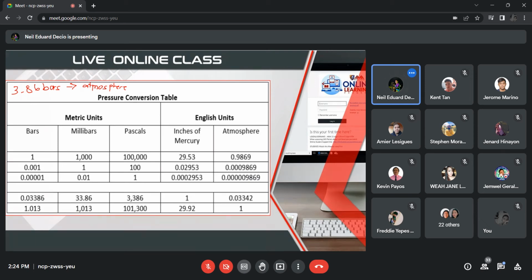Of course, we'll be using this table so our answers are uniform. Remember, four decimal numbers. Actually, it's possible for all. Use four decimal numbers.